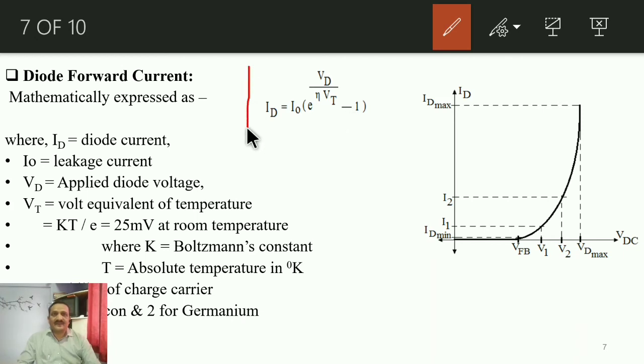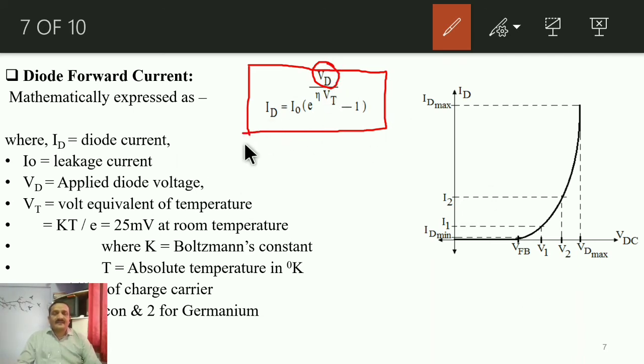So this is the derived equation. You have to remember this one. By using this mathematical expression, you can find the value of current through the diode if you know the value of the voltage applied to that diode.